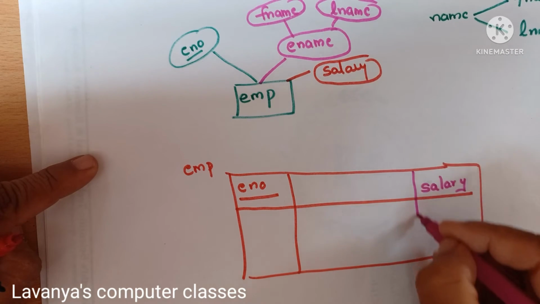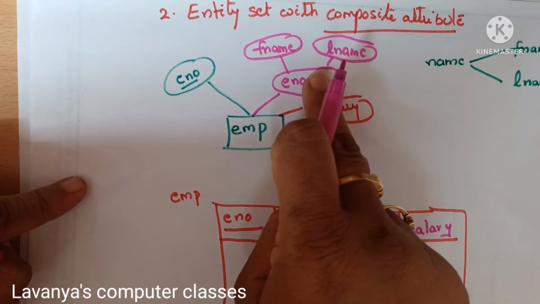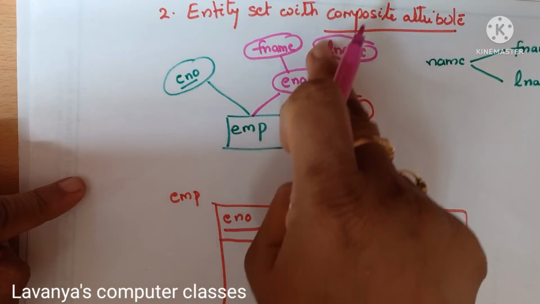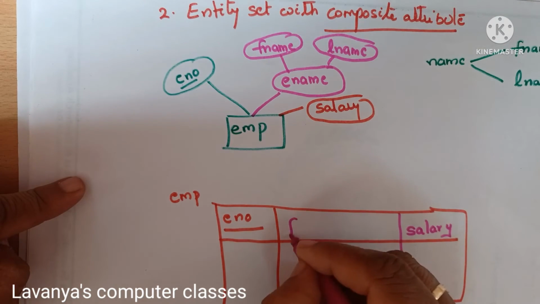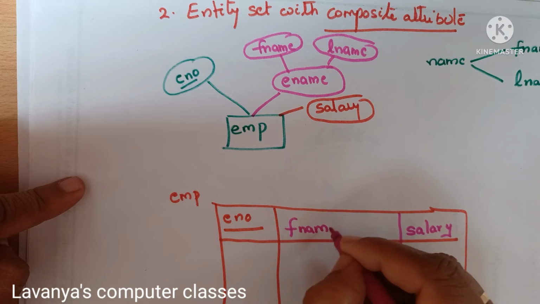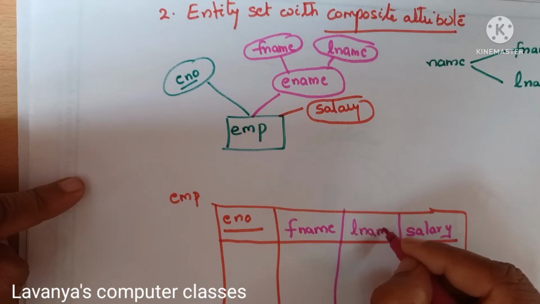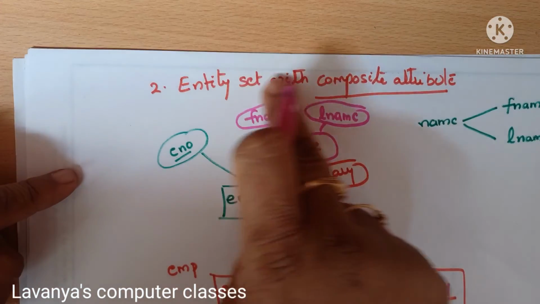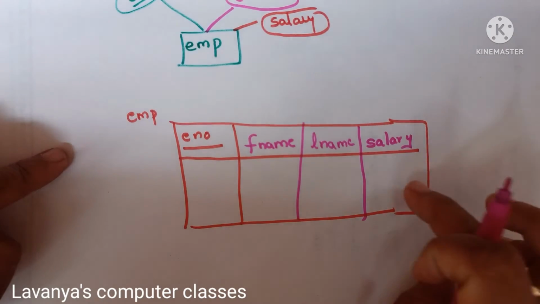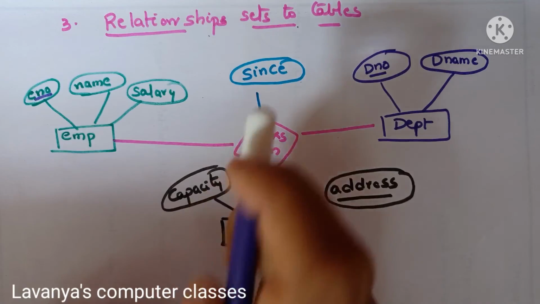Now we go for the composite attribute employee name. Employee name is a composite attribute, so don't take it directly. We write the components, the subparts of the composite attribute, that is F name and L name. Those are treated as fields in the table. So this is the example for composite attribute conversion.